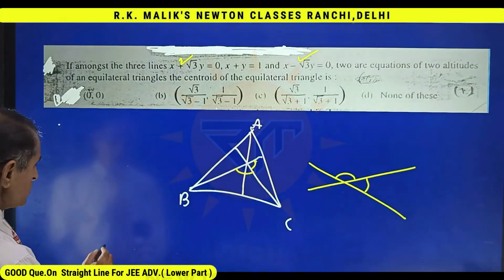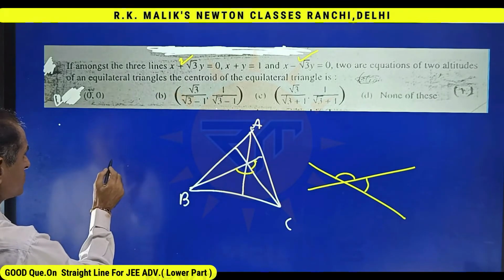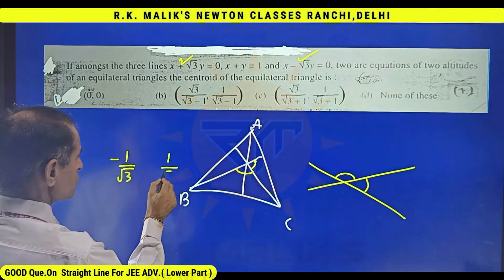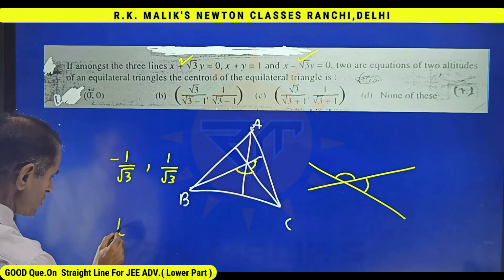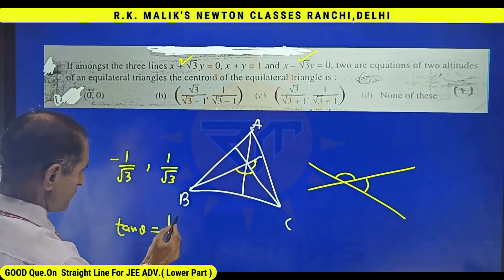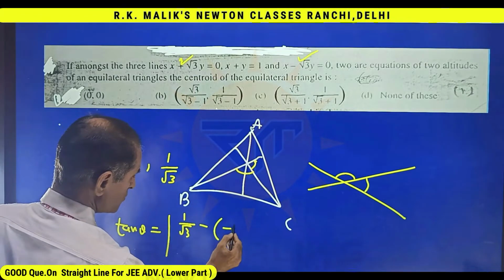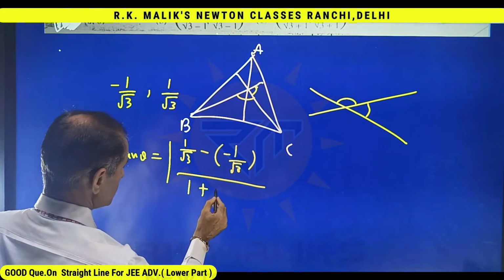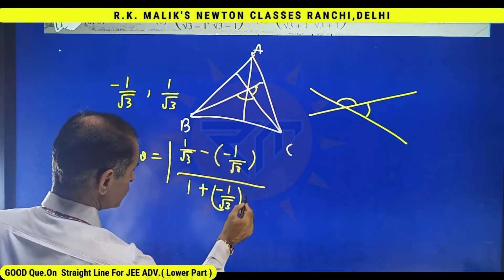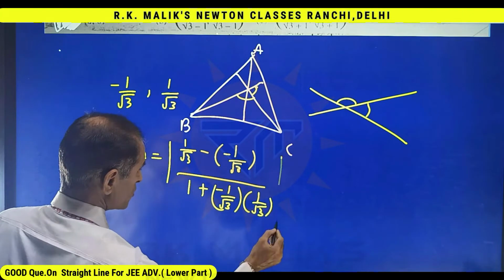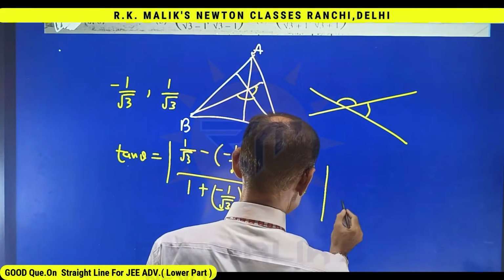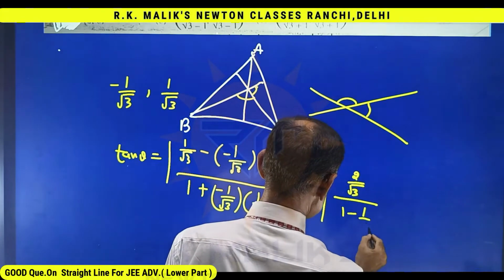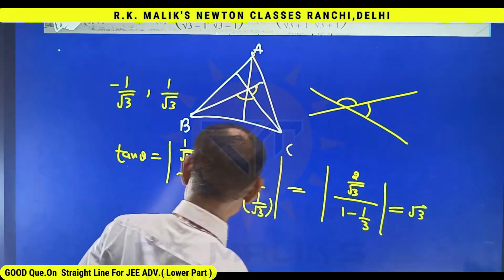It is not difficult to see. You can see very easily slope of this is −1/√3, slope of this is 1/√3. Tan θ equal to mod of (1/√3 − (−1/√3)) upon (1 + (−1/√3)(1/√3)), this is equal to (2/√3) upon (1 − 1/3), that is equal to √3.